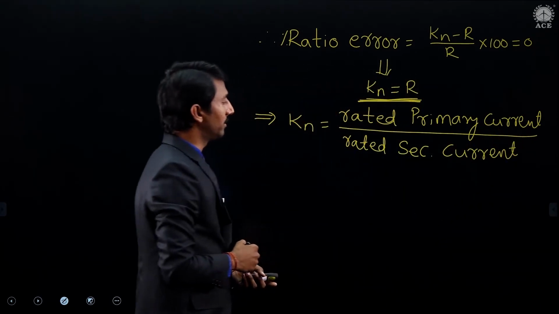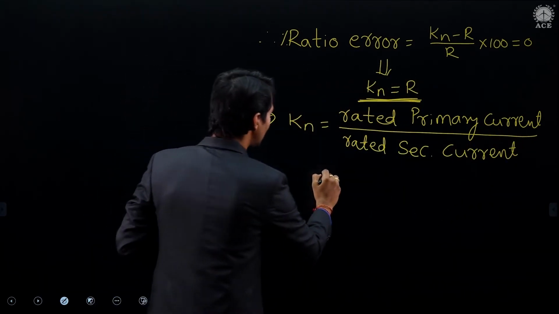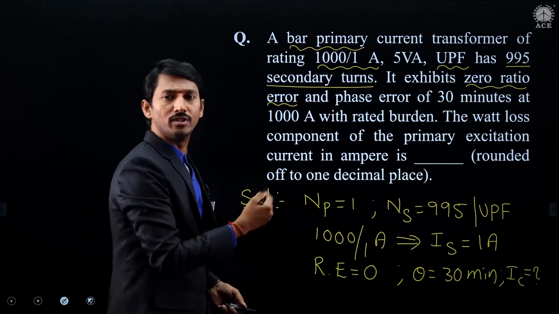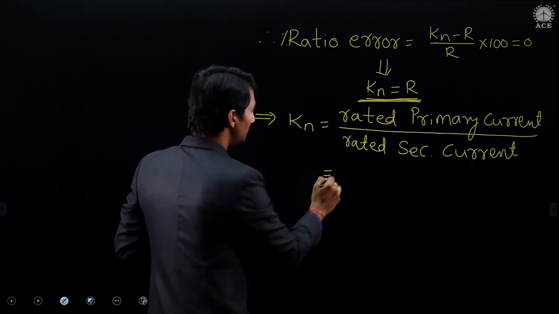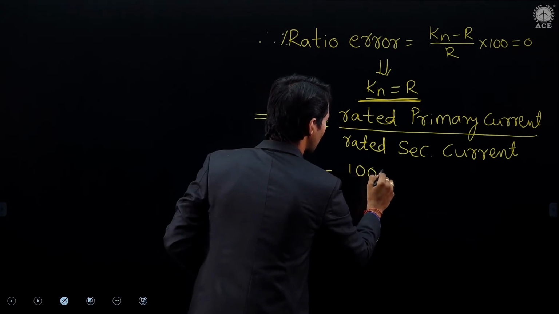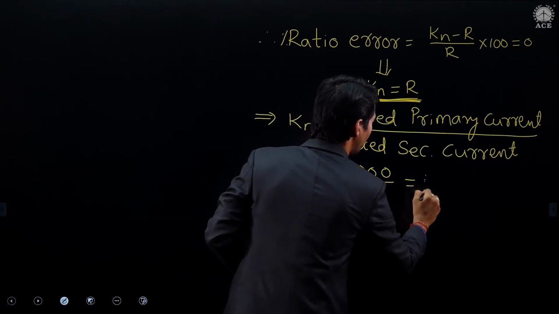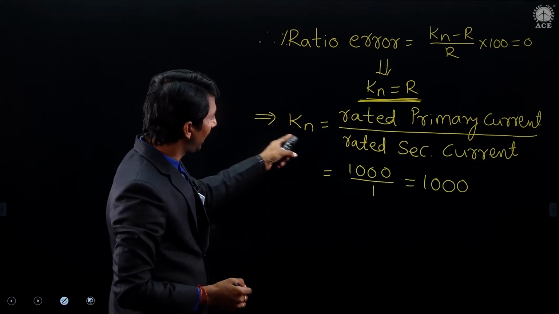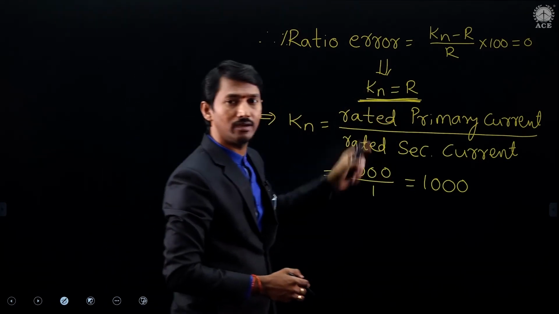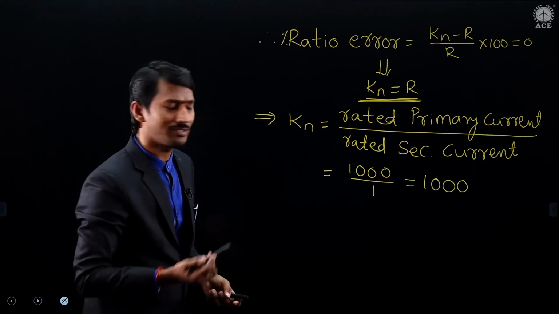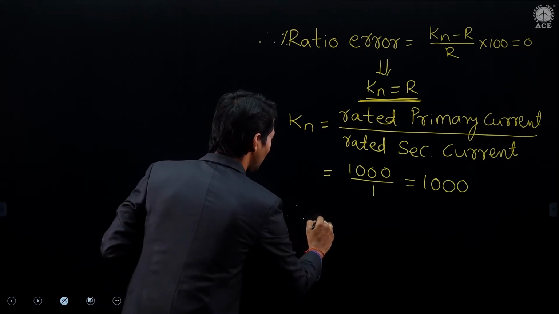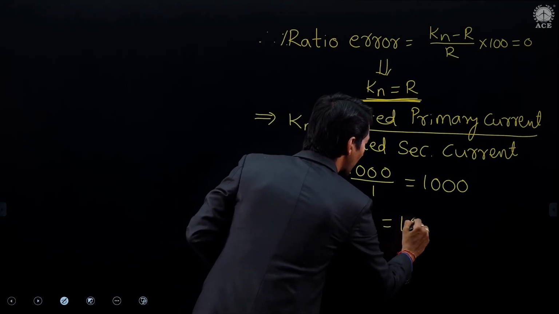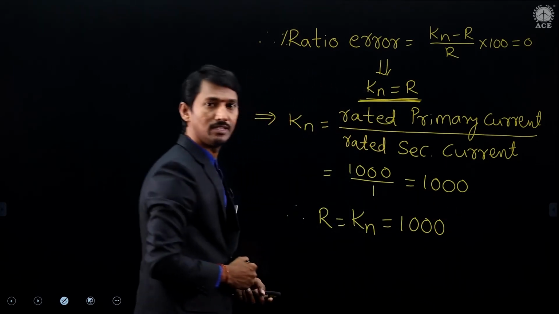What is the rated primary? 1000. Rated secondary? 1. So the value is 1000 by 1, directly 1000. Clear? If Kn is 1000, according to this given condition R is also equal to 1000. So R is equal to Kn is equal to 1000. This is the point.